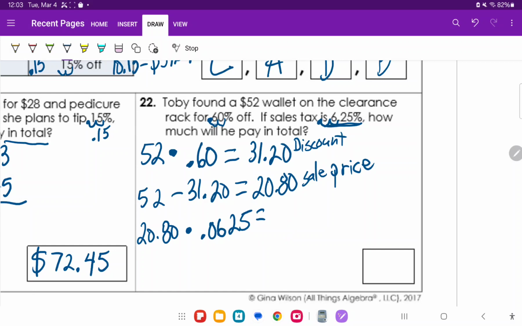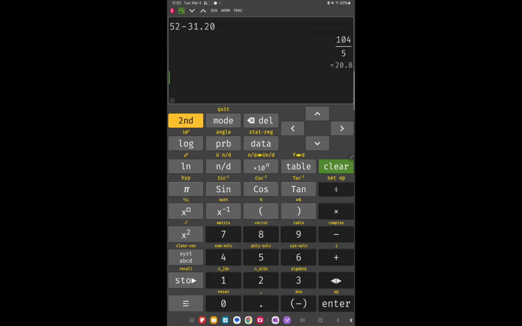All right, so 20.80 times 0.0625. So that's going to be $1.30 for the tax.